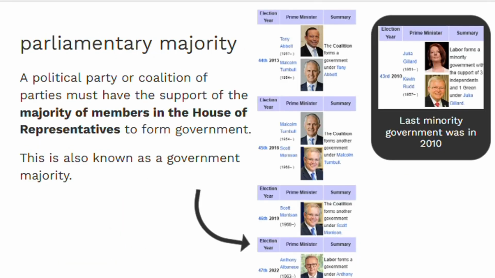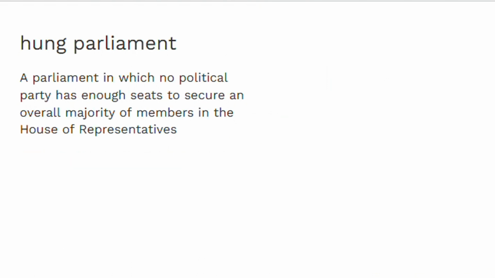The last time we had a minority government was in 2010, when Labor formed a minority government with 3 independents and 1 Green. To dive into that a bit more, there was a hung parliament, which meant that no political party had enough seats to secure an overall majority of members in the House of Representatives.